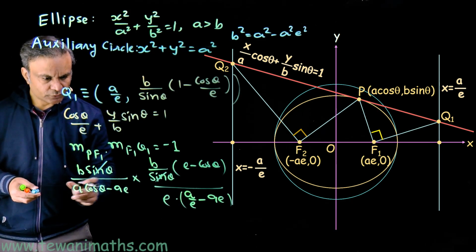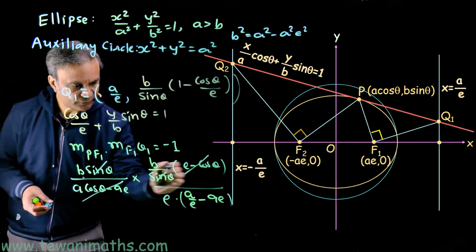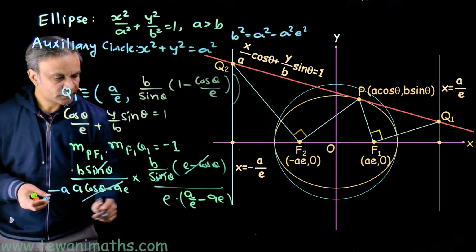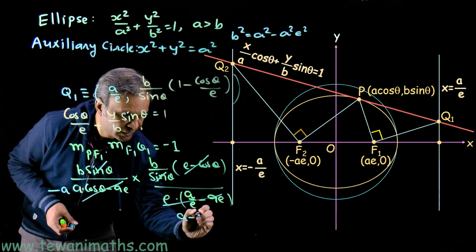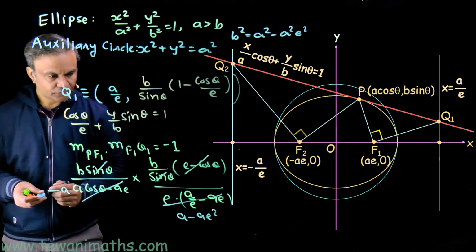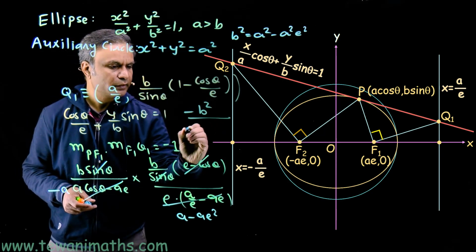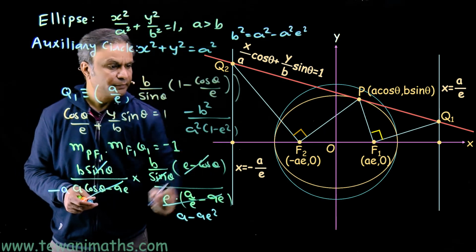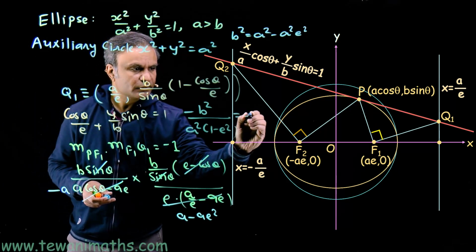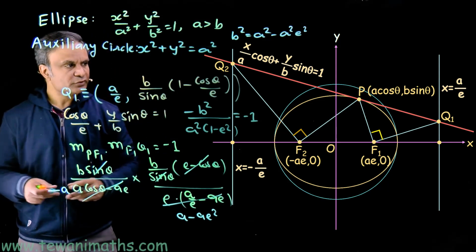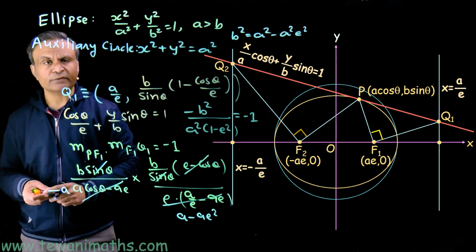From this we have a common factor, so e minus cos theta gets cancelled out, leaving minus a here. Multiplying e inside this bracket, we have a minus a square. So from this we now have minus b square upon a square multiplied by 1 minus e square. b square upon a square is 1 minus e square. So this is equal to -1. So it is proved that length PQ1 subtends a right angle at the corresponding focus F1.